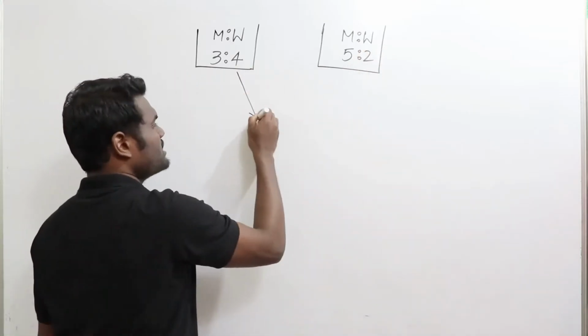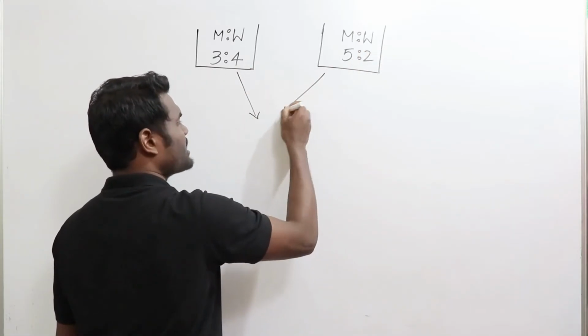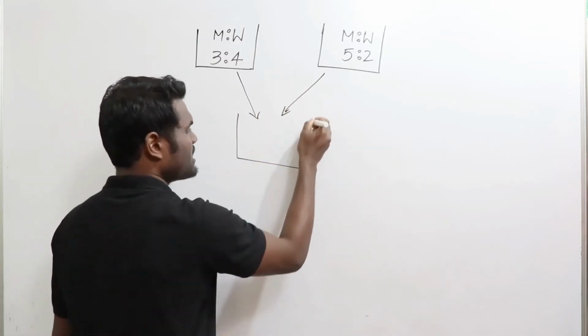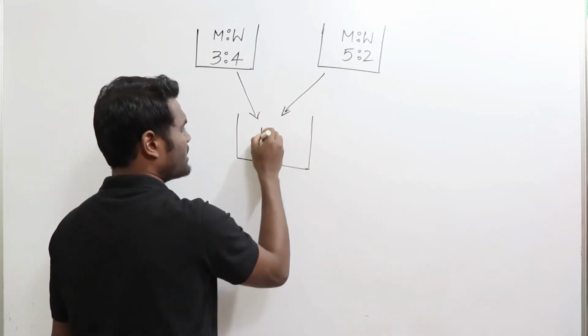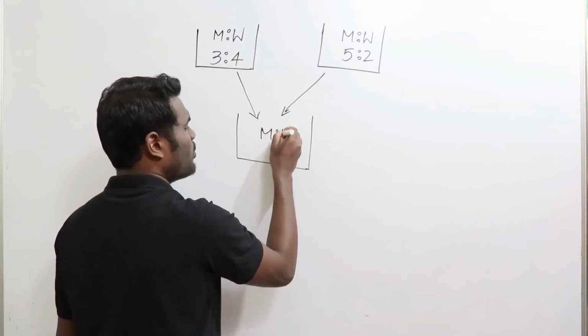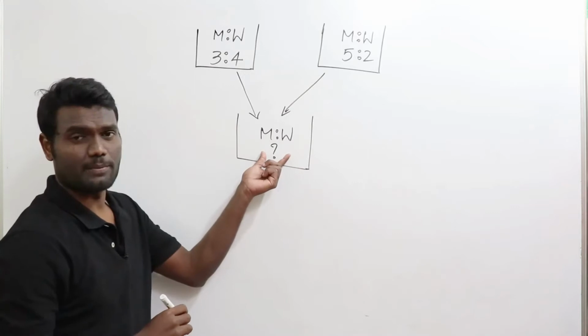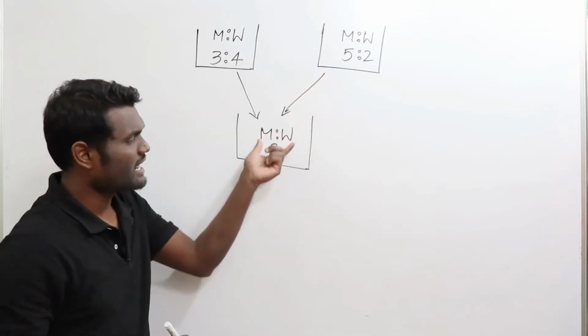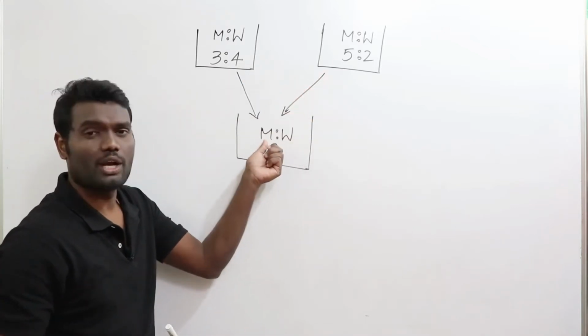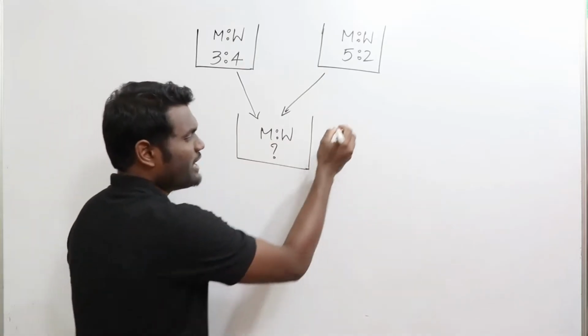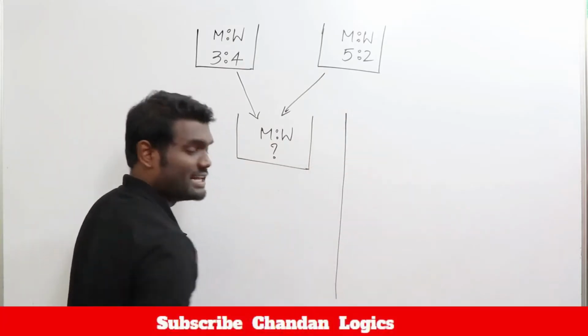Now both these vessels are mixed in a large container. What is the ratio of milk and water in the new mixture? You may know how to solve this in a traditional way.